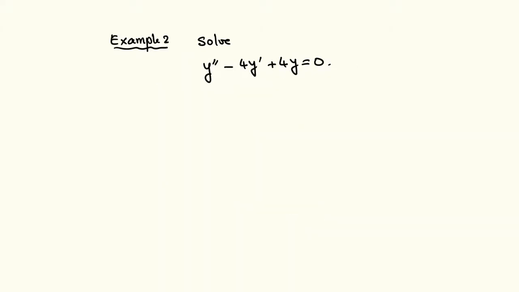Second example, solve y double dash minus 4y dash plus 4y equal to 0. Okay, so first, the characteristic equation.